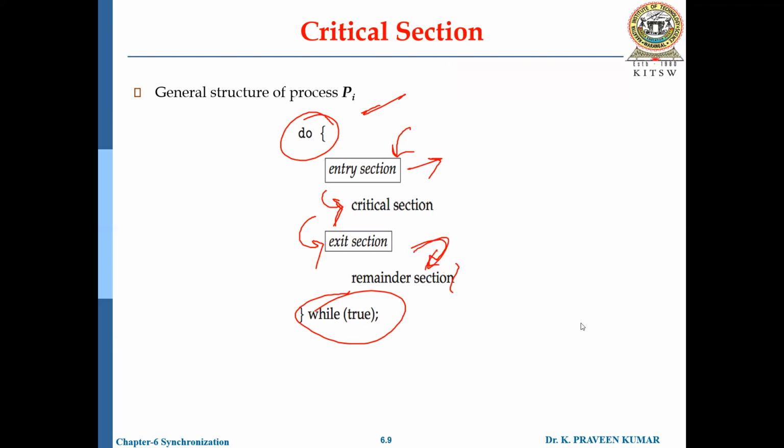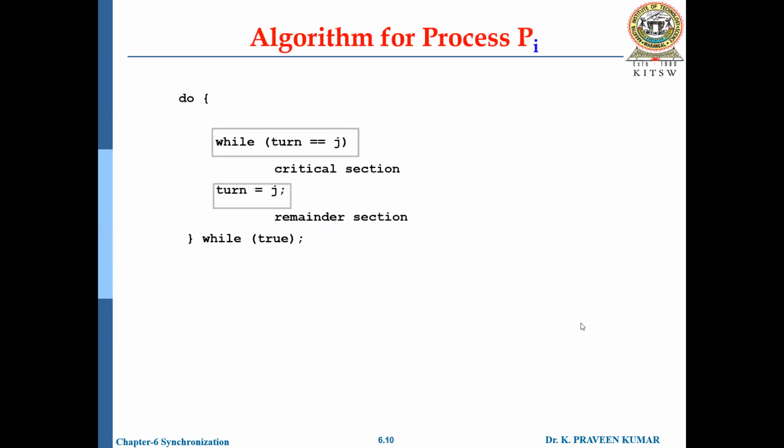This is one kind of solution for critical section execution. This is the algorithm: do while turn is equal to j, then it enters the critical section, completes that task, then the exit section and remainder section, and then it goes out of the loop.